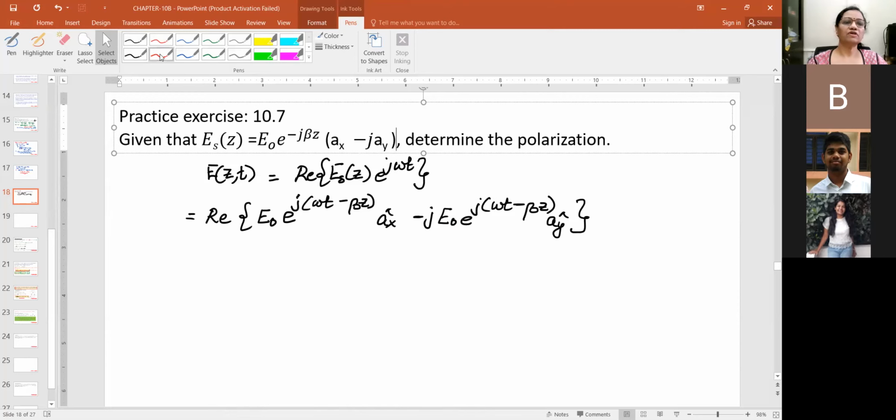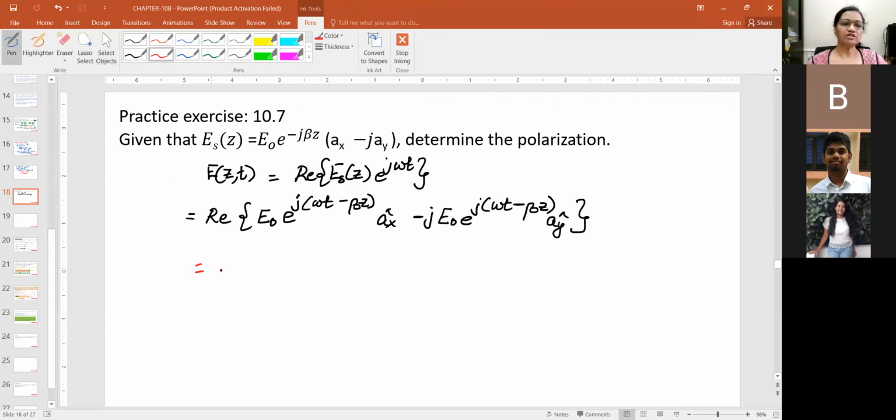Okay, now what we'll do is, what is the real part of exponential j theta? So it is cosine. So the first term is going to be E naught into cosine of omega t minus beta z along the ax cap direction. But what will this be?